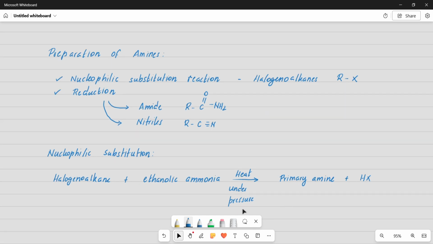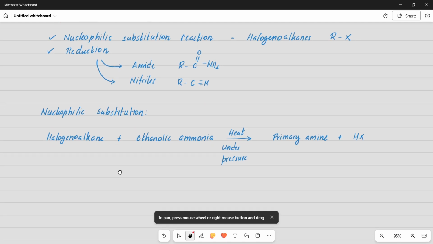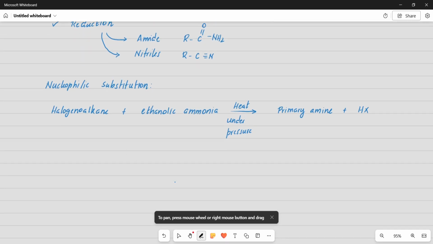Let me take an example. If I say R is any alkyl group and bromine is the halogen, and ammonia I write like this, then I say heat under pressure.